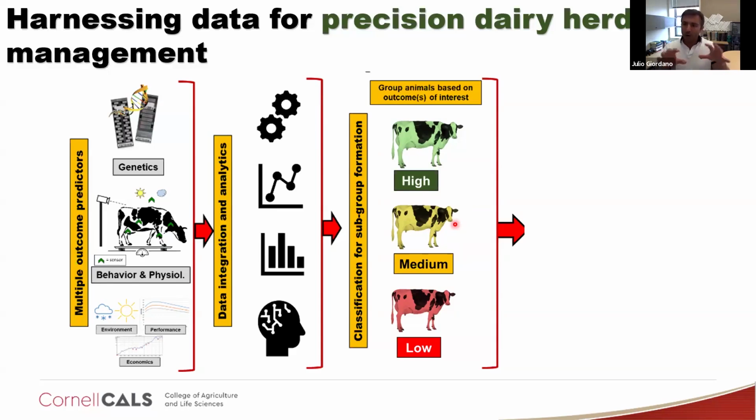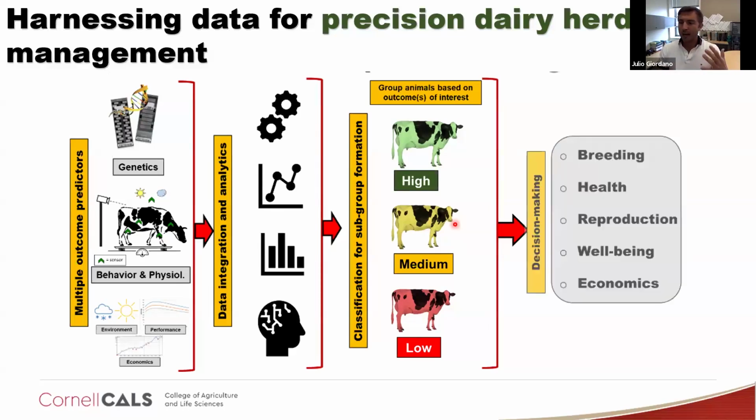But in any case, the point is to go to herds and decompose those herds into groups of cows that will have different performance because they have different biology, because they are managed differently potentially, and then implement management strategies and decision making for all the different key areas of management that eventually lead to better performance, better economics, and of course profitability.